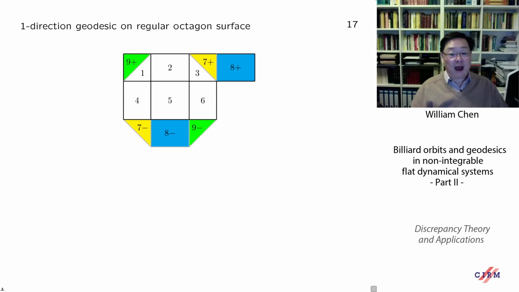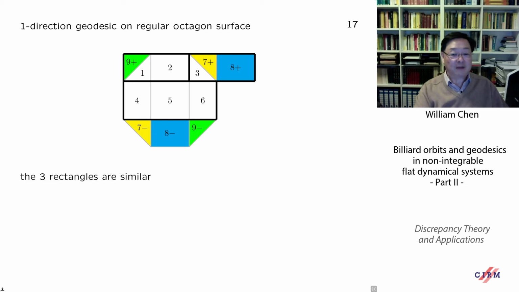Similarly, we can move the green one from the bottom right to the top left. And furthermore, we can move the blue rectangle to the right on the top as well. After we've reshaped this regular octagon surface, we end up with a surface that is made up of 3 rectangles.